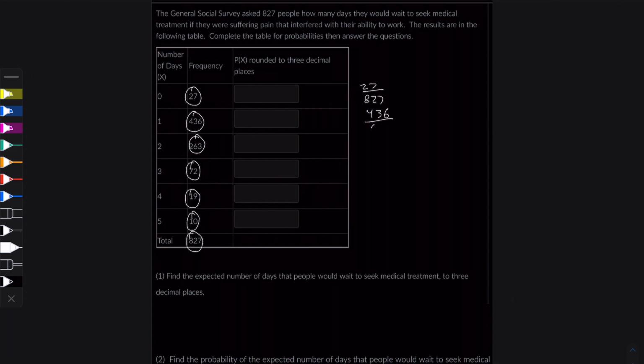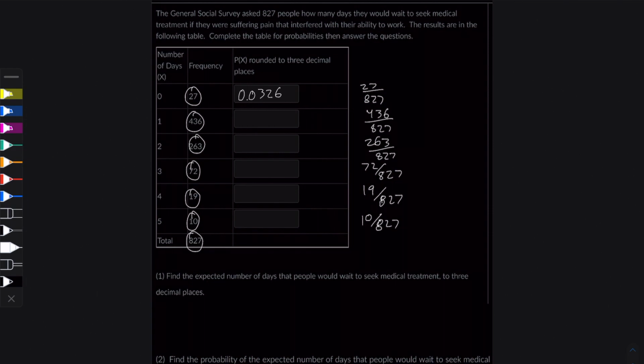So 27 over 827, then 436 over 827, 263 over 827, 72 over 827, 19 over 827, and 10 over 827. So now I'm going to do these on my calculator, and I will write each of them down for you. 27 divided by 827.